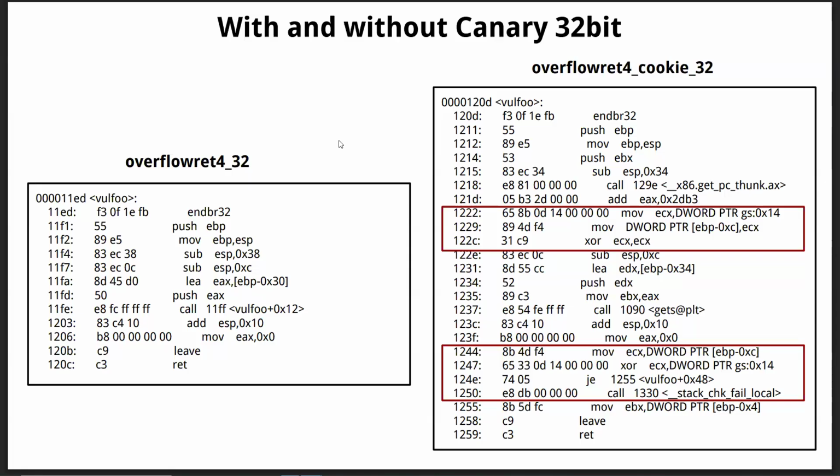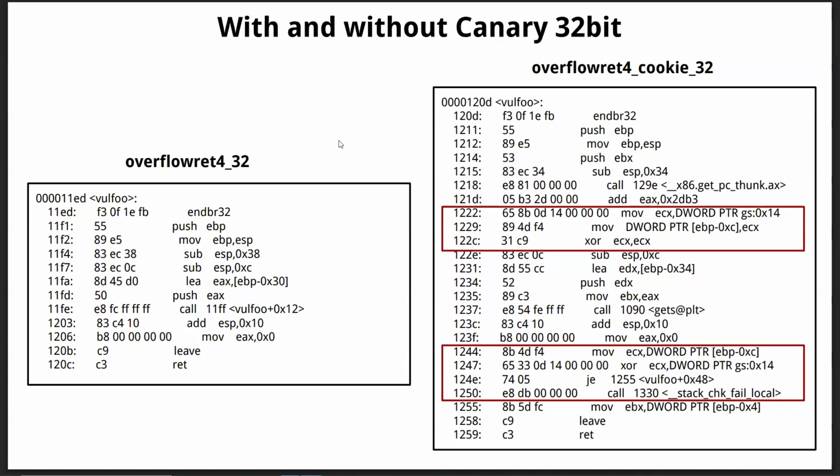Make sense? After this function executes, at the end, we move the Canary on the stack, at EBP minus C, to register ECX. Then we compare it with another place where we store the Canary, GS 14.